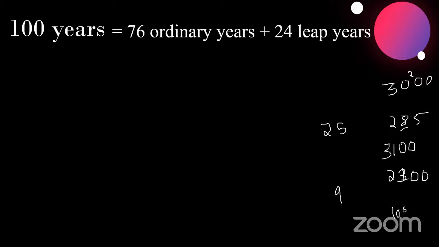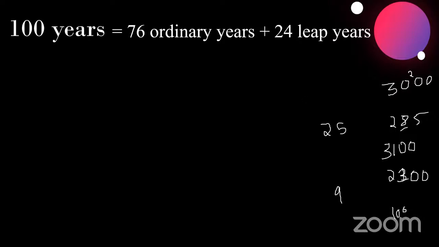So after the 4th year only we are getting one leap year, one day, right? I mean, is it like that only for 100 or in all?